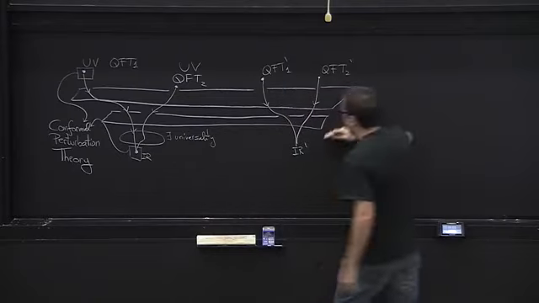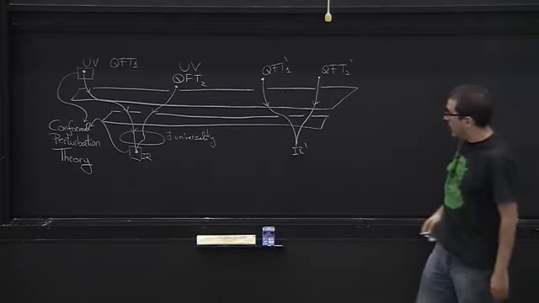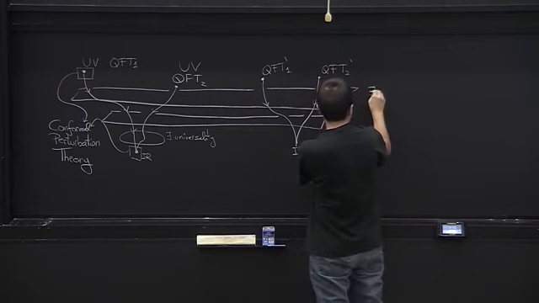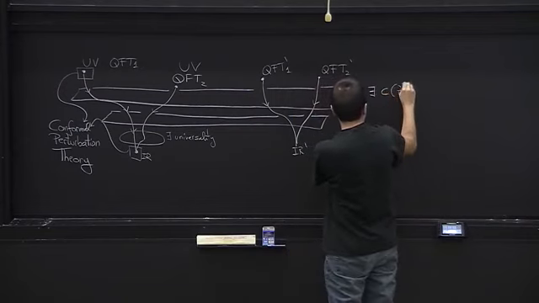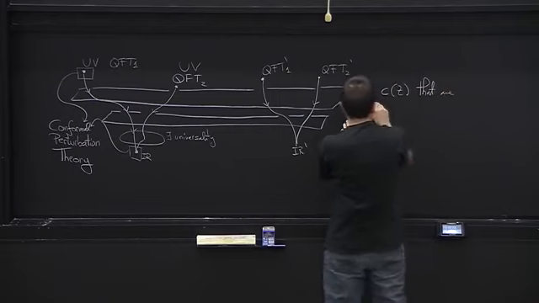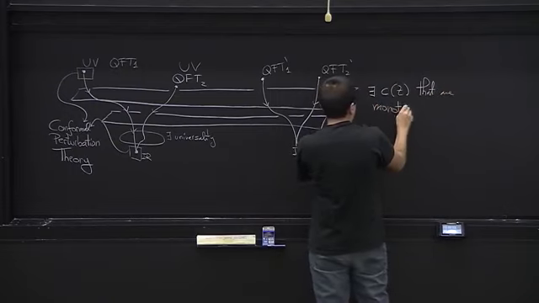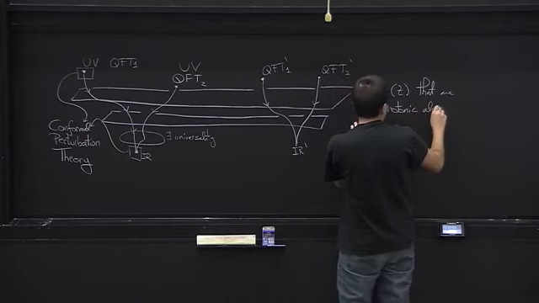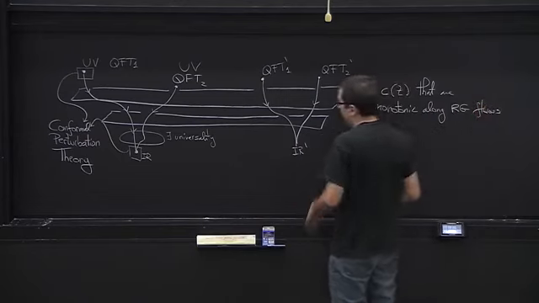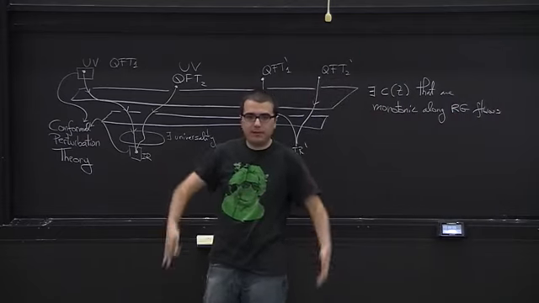Is there some kind of time as you go along the RG flow? There exist quantities called C functions that are monotonic along RG flows. They measure some kind of time.